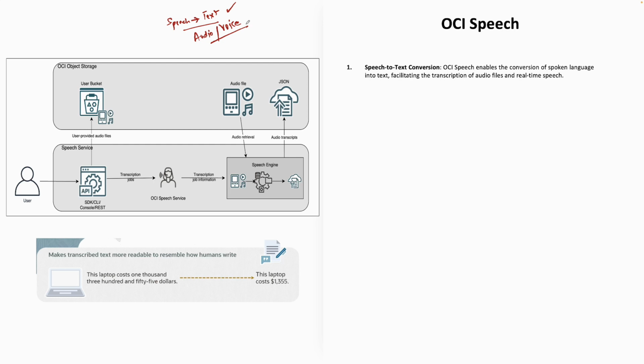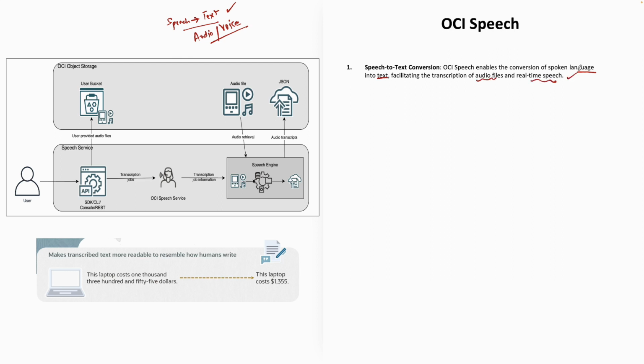So OCI Speech provides speech to text conversion, as I said. OCI Speech enables the conversion of spoken language into text, which facilitates the transcription of audio files and real-time speech. Very important, so two things are there.